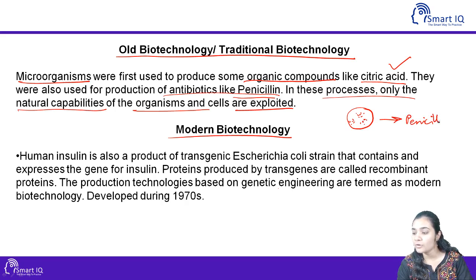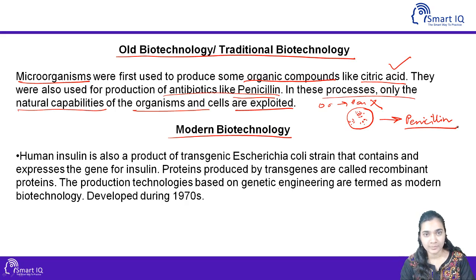We are not genetically manipulating one strain of a different fungus to give you penicillin. No, that is not happening. We know that a particular strain of the fungus causes the production of penicillin, so we are going to use only that. So we are not manipulating the genome of organisms in any way.